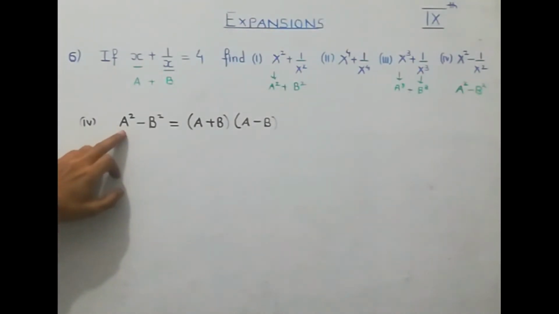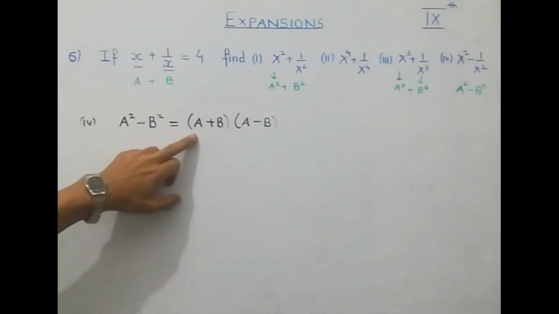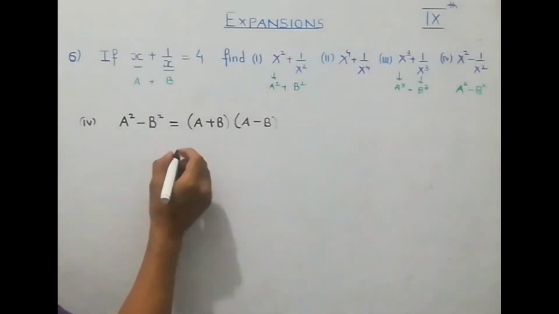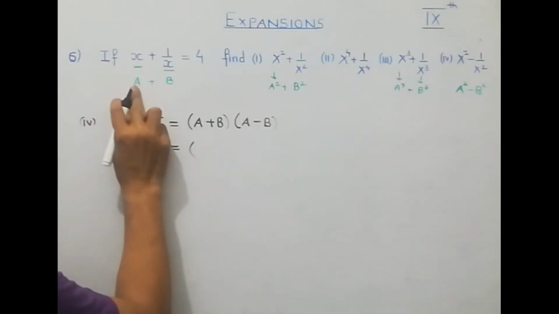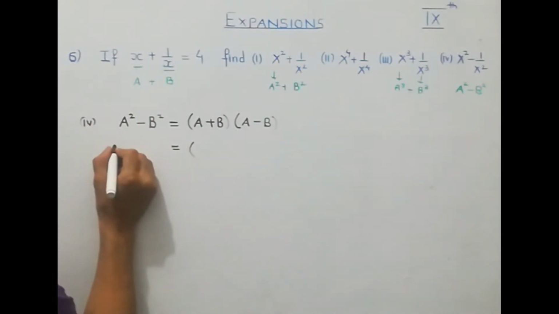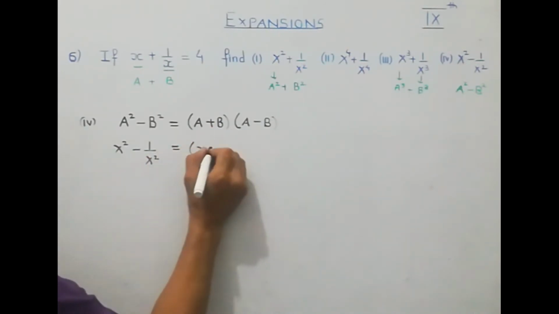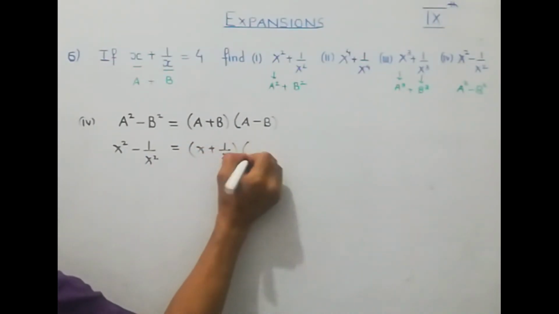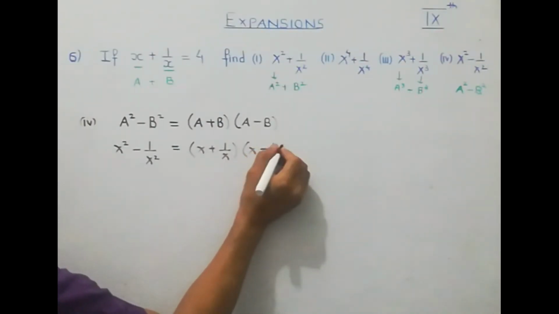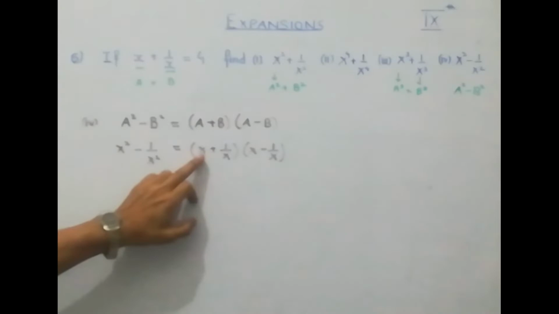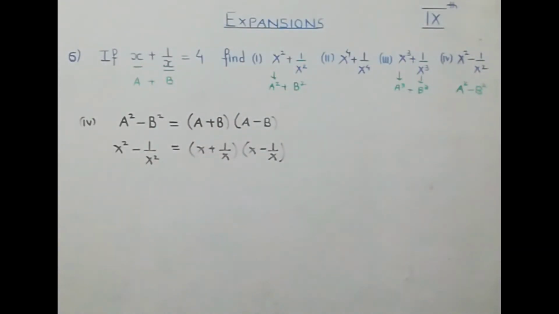And now here we know that our a is x and b is 1 upon x. That means we need x plus 1 upon x as well as we need x minus 1 upon x. Both are needed.